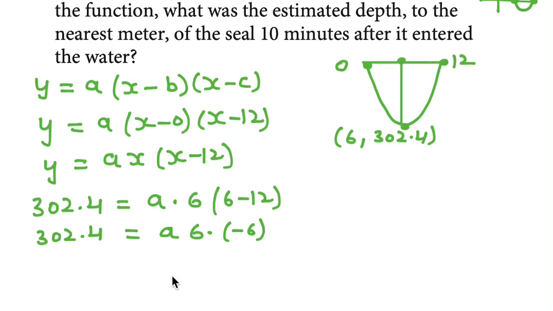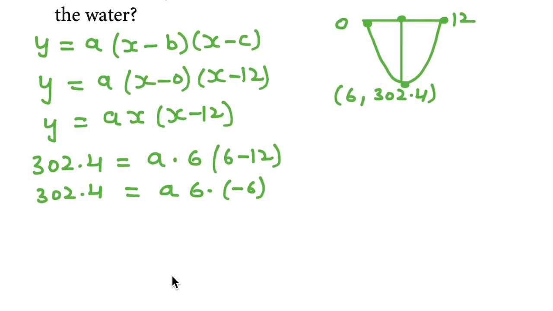Okay, always I ask you a question, right? Now what should I do here? Should I put a negative sign with 302.4? If yes, why? If no, why? Because if I calculate, my a is coming out to be a negative value. So it's negative 36, use the calculator, divided. Okay, so it's going to be negative 8.4.